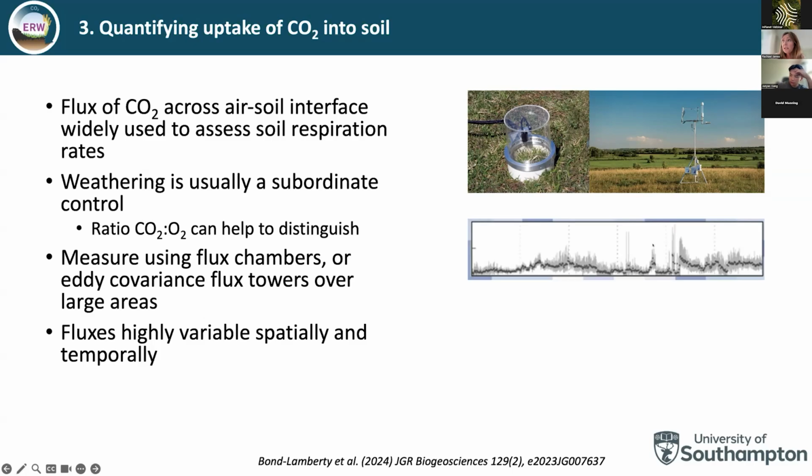So you can just see in this middle plot here, over the course of a couple of weeks, we've got enormous amounts of variability. So distinguishing a relatively small signal due to weathering from this very variable background flux is going to be challenging.